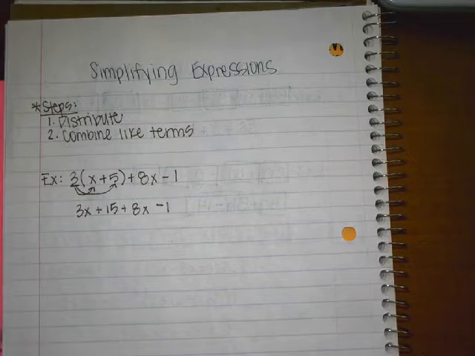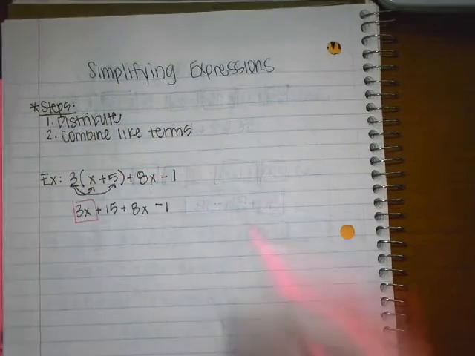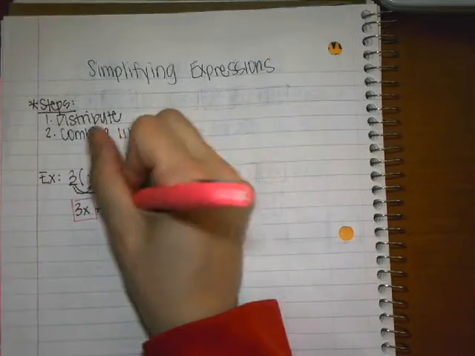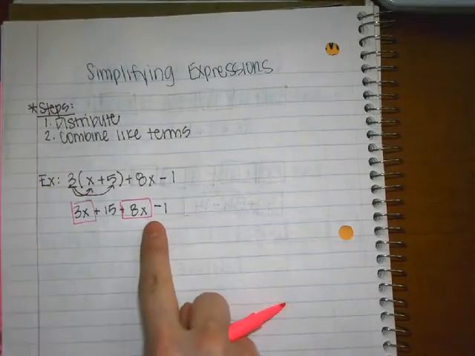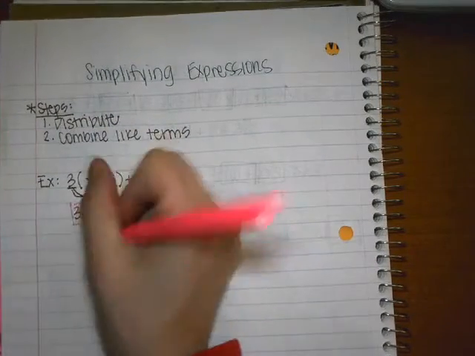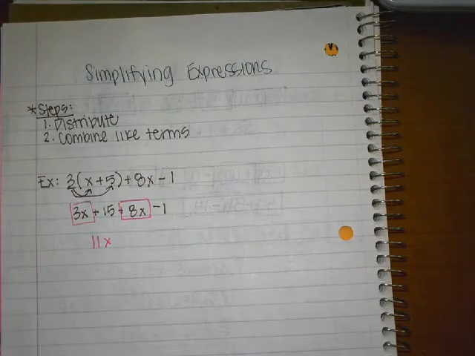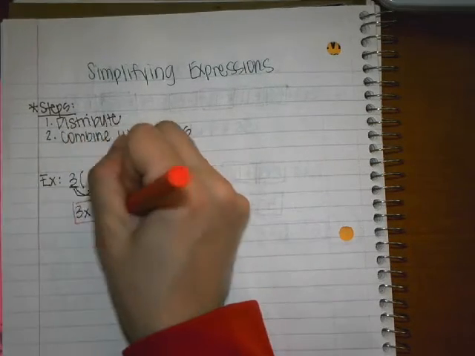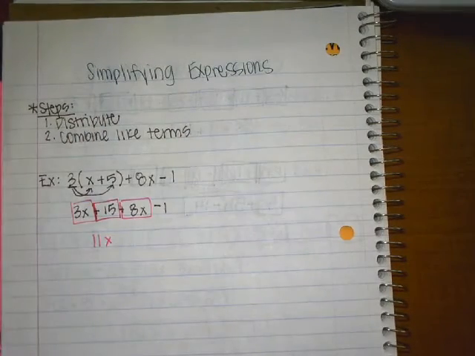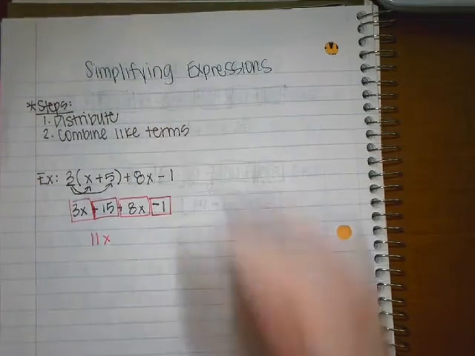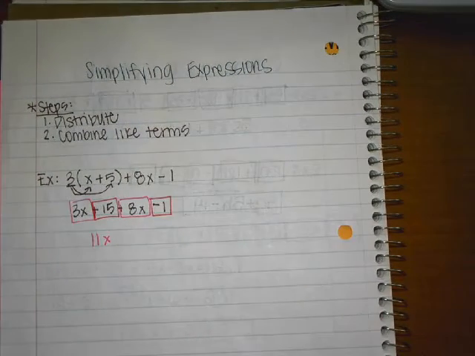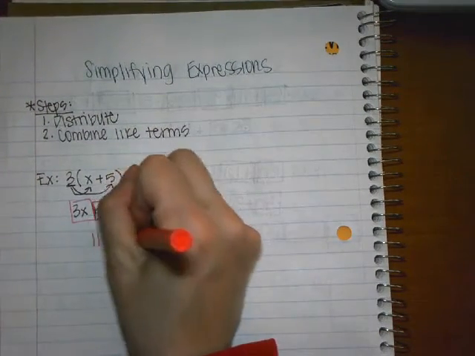What's the same as 3x? Plus 8x. What is 3x plus 8x? So I have 11x. Then what's the same as plus 15? Well, what's 15 minus 1? 14. Is it a plus 14 or a minus 14?